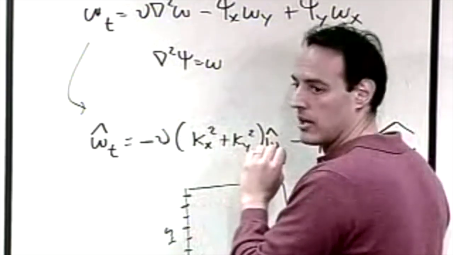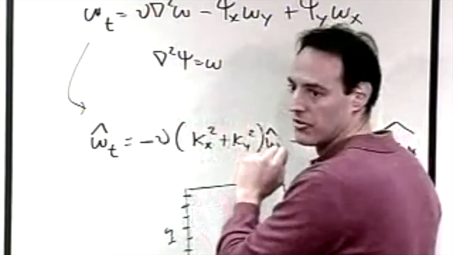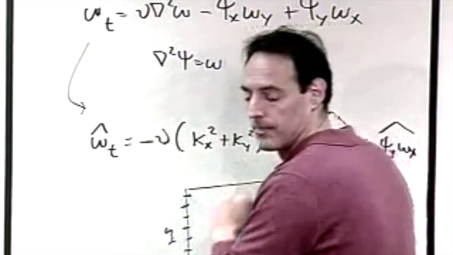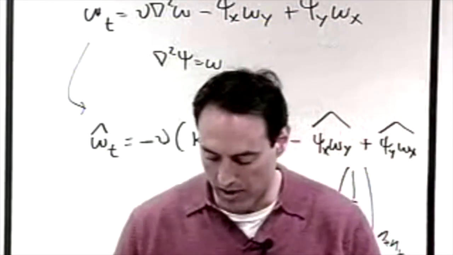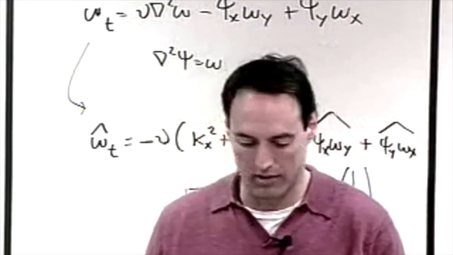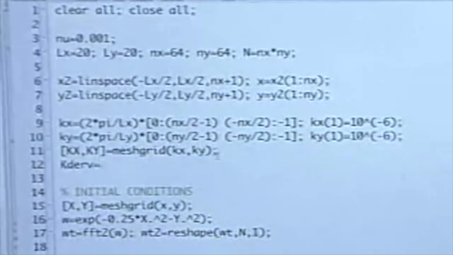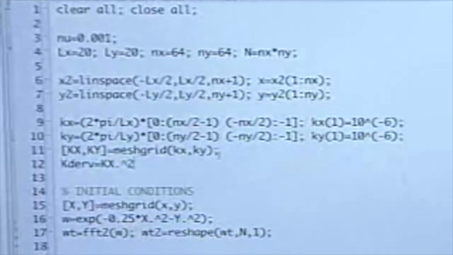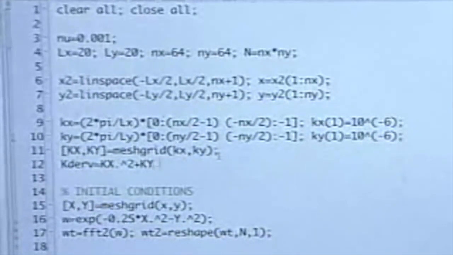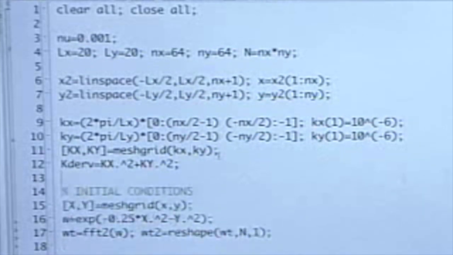So I'm going to make a new matrix that basically just does this, 2 derivatives in x, 2 derivatives in y, because that way we don't have to keep calculating this out. So let's call it K derv is equal to KX squared plus KY squared. Okay? That's it.